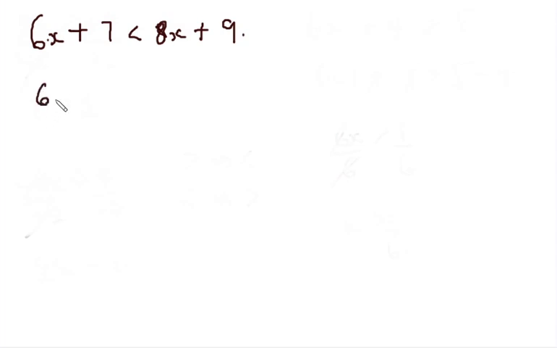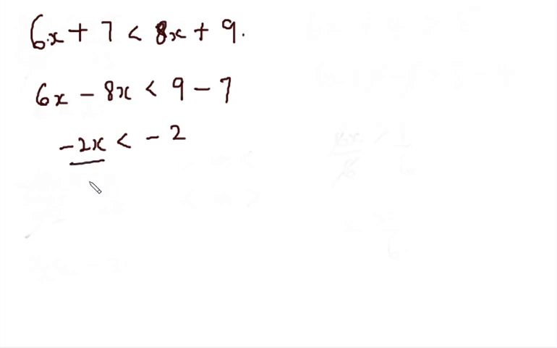So we have 6x minus 8x, moving this one over to this side, it becomes less than 9 minus 7. We know that 6x minus 8x is minus 2x, and this is less than 9 minus 7, which is 2.